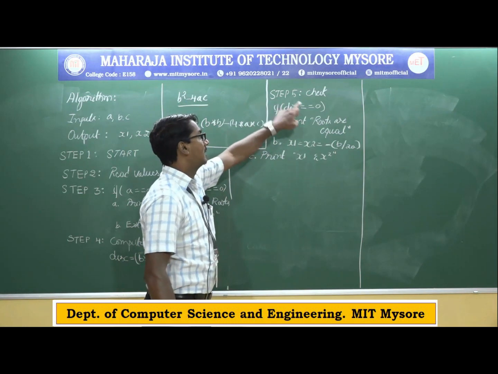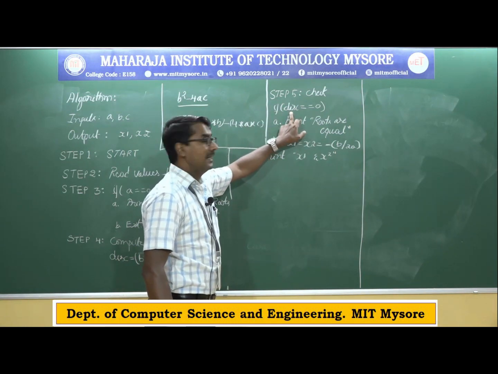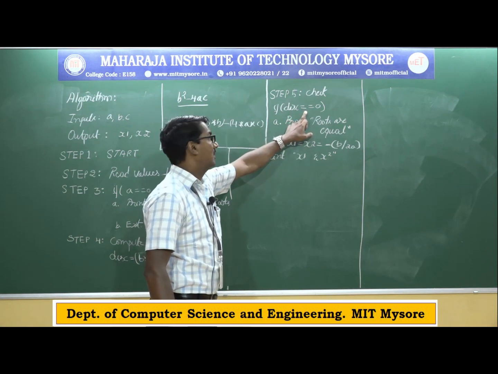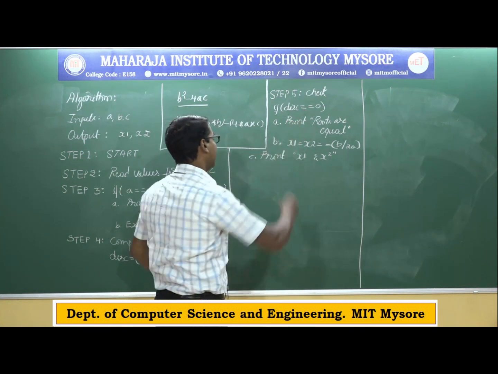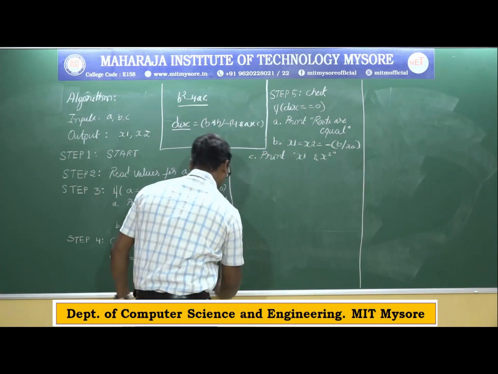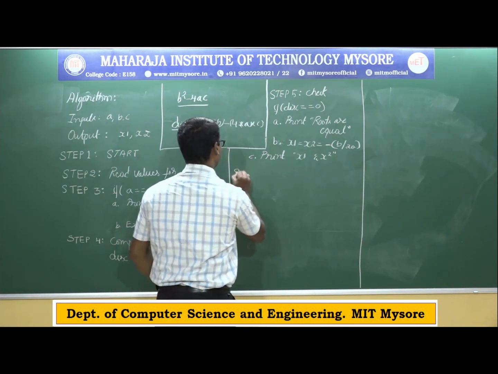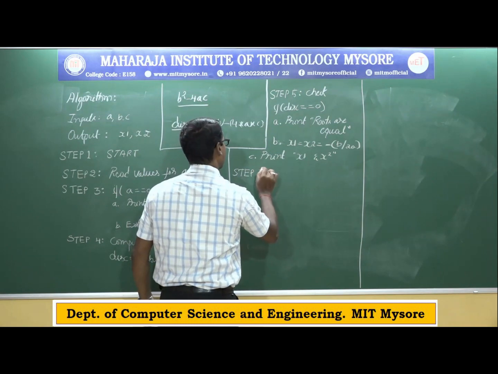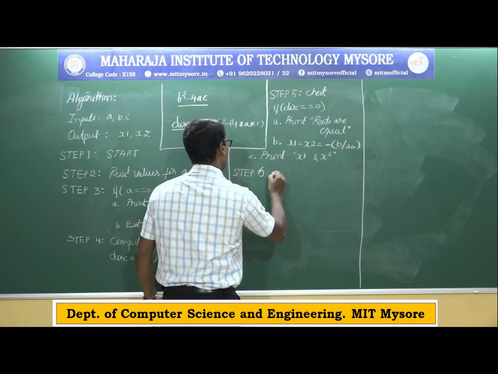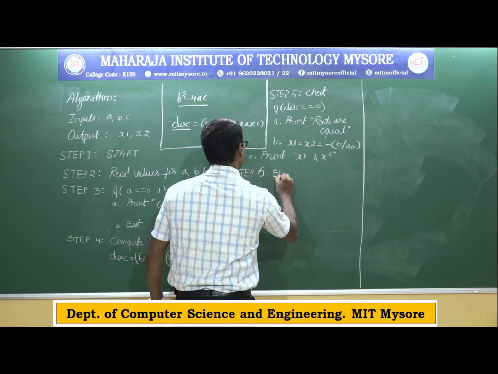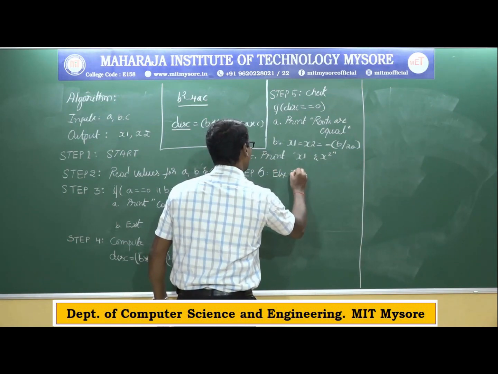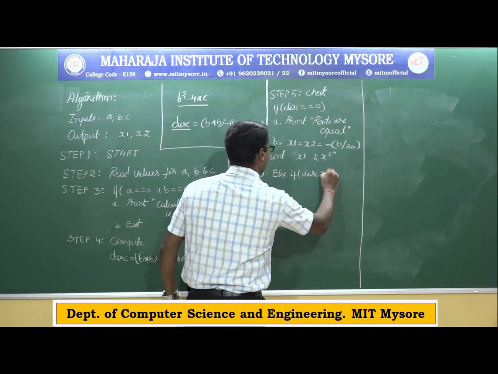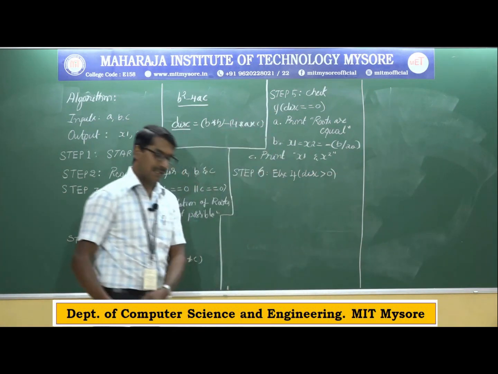If this condition is false, that is, DISC is equal to 0 is false, then we need to check one more case. The case is step 6, else if DISC greater than 0.